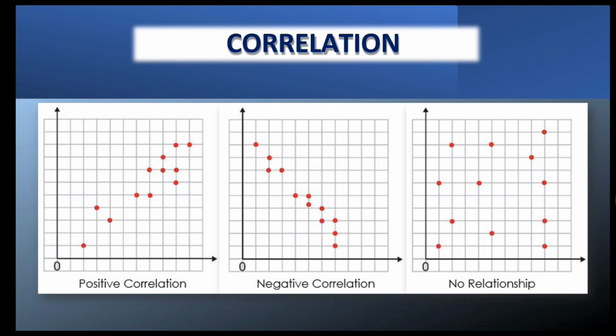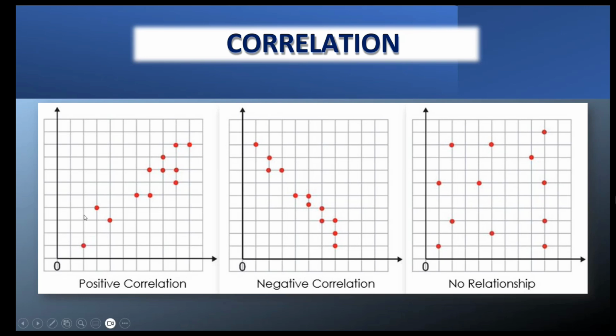You should have a pairing. For example, the weight of a cadet and his height, or his height and his weight. You plot it here, and the point of intersection represents the values.